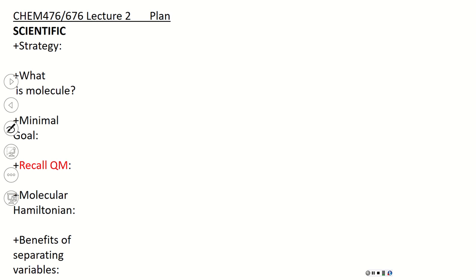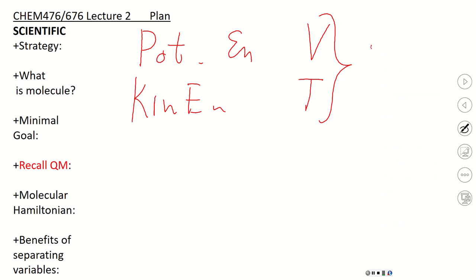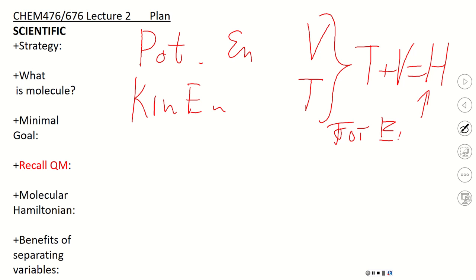So there are the following components. One needs potential energy, one needs kinetic energy, called letter V, letter T, and then one combines them together, T plus V, into total energy, which by agreement is denoted with letter H. Total energy.